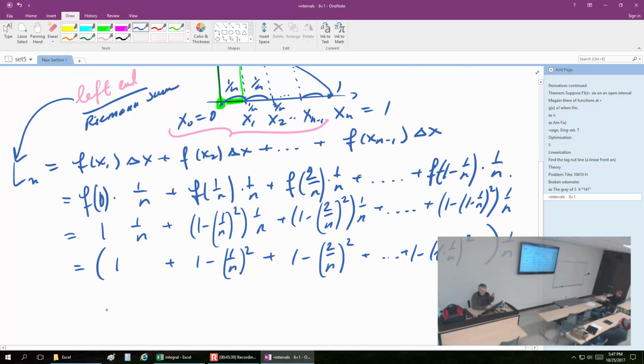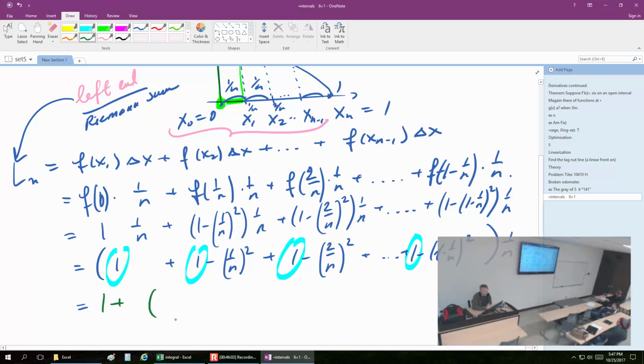So what do we do next? There is a significant simplification here. Look at the ones. One is repeated. How many times? n times. So if I take it out and then divide by n, I will have 1.